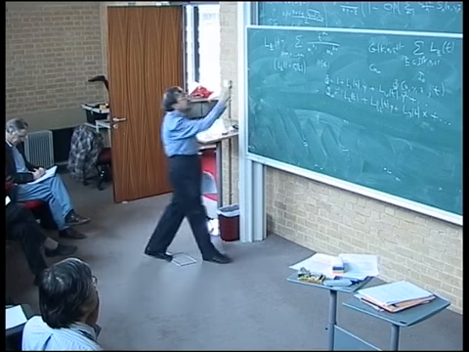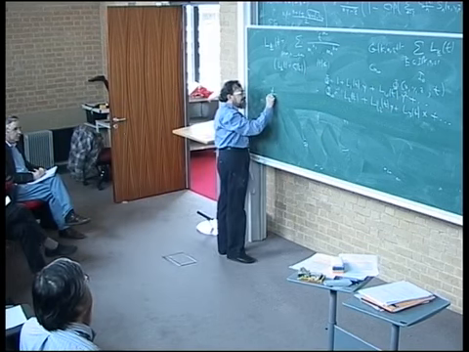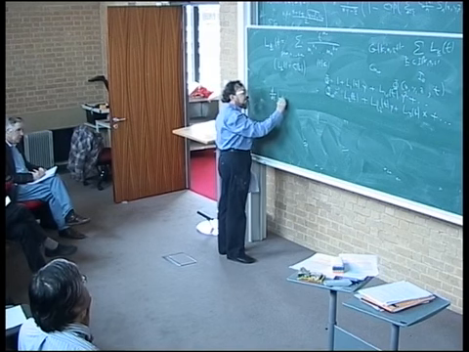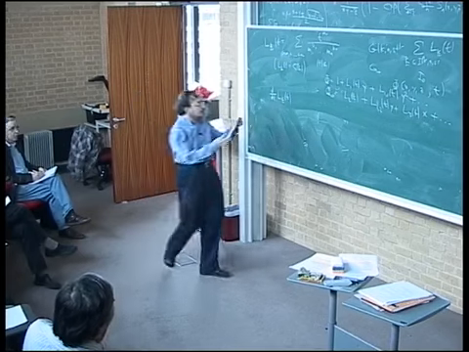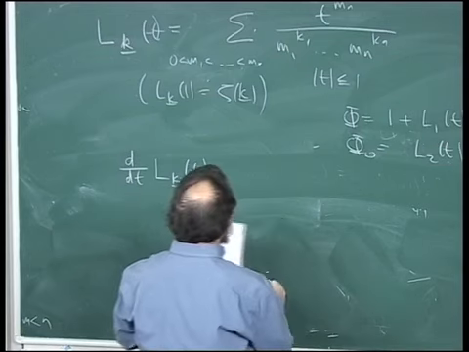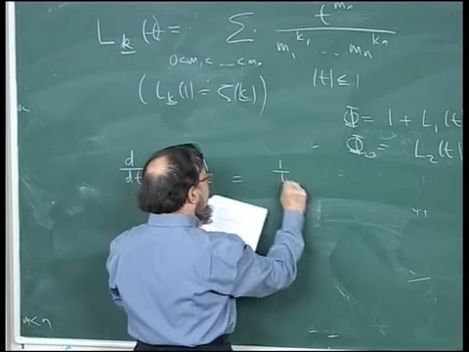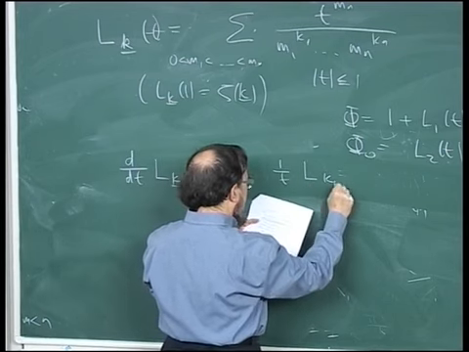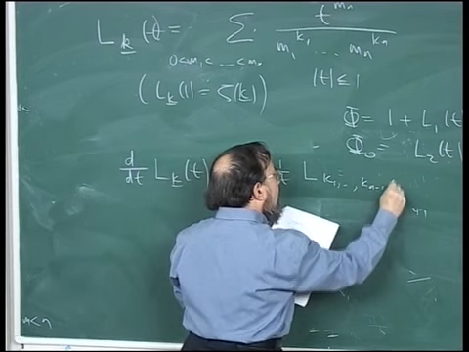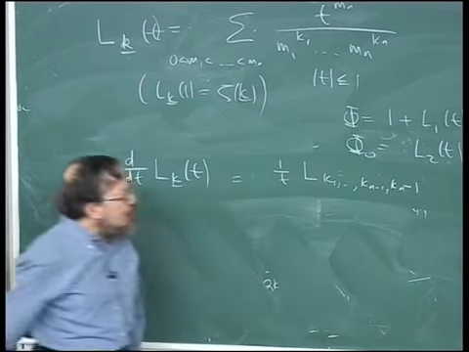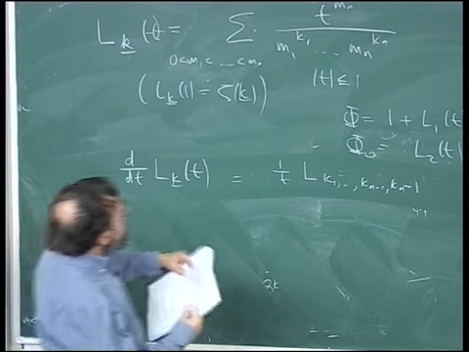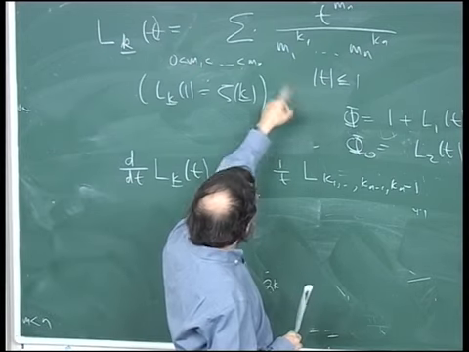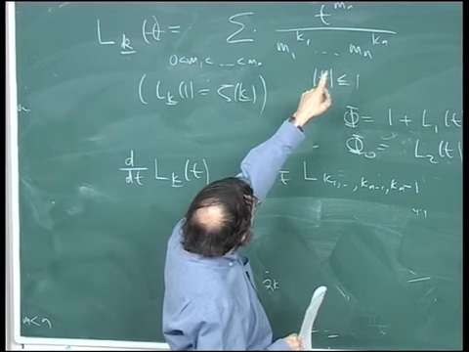And now comes the point: if you differentiate Lk of t, then what happens? When you differentiate, you get simply 1 over t, and the last index is reduced by 1, because after all, you have t to the mn, and when you differentiate it, you get mn times t to the mn minus 1.